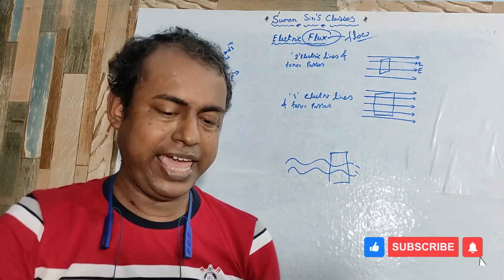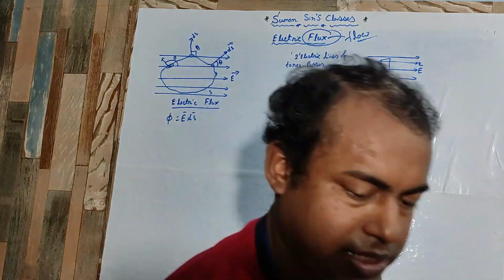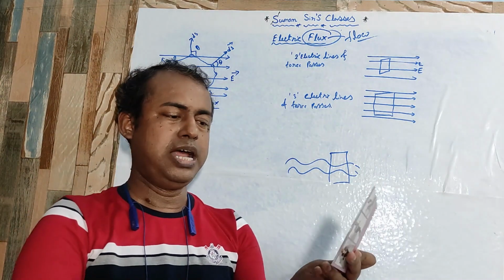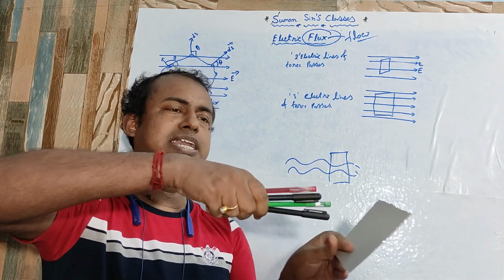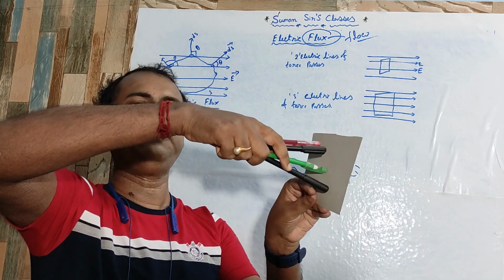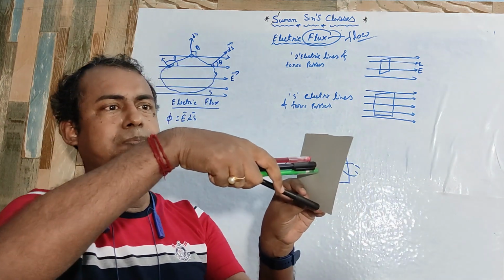But if I take a larger area, now 4 electric field lines can easily pass. Just check it out, 4 electric field lines easily pass, and more than 4 pass through there.